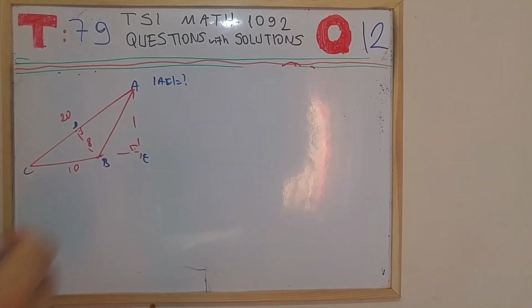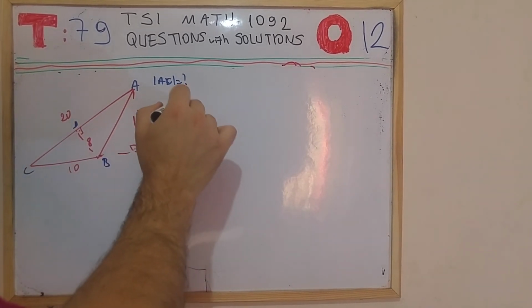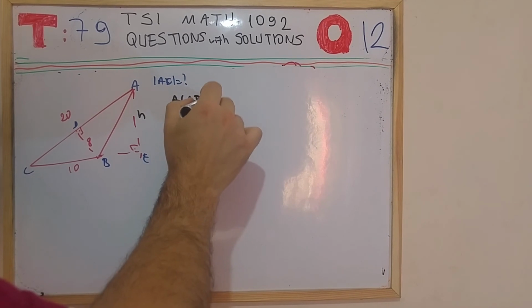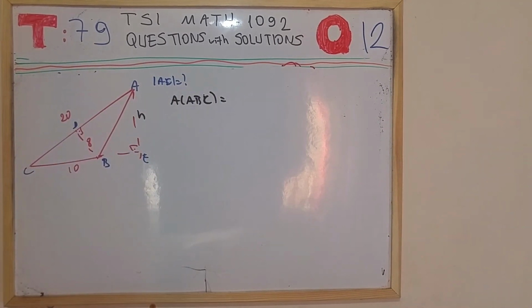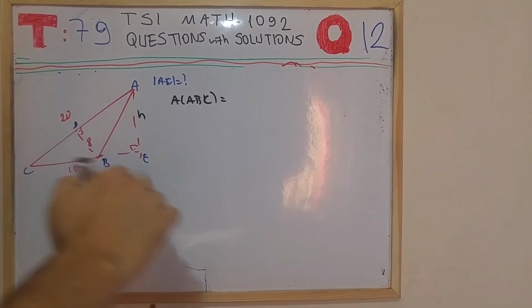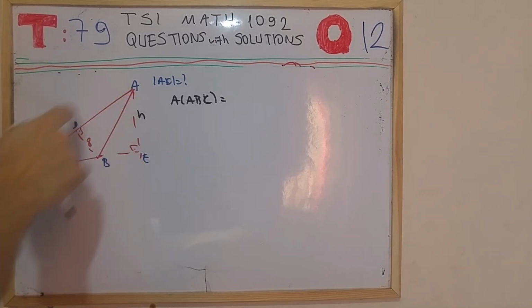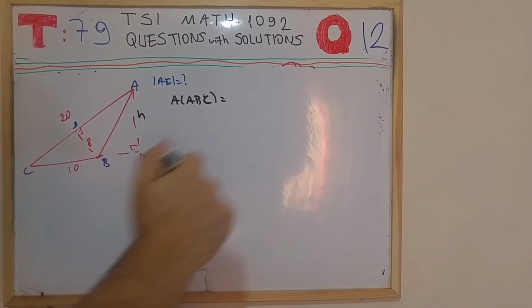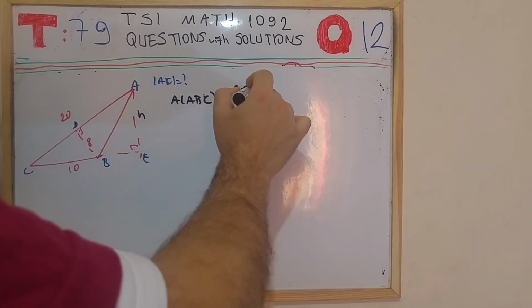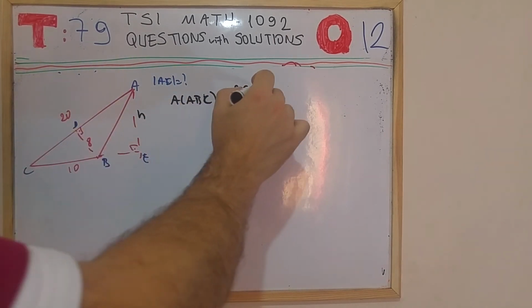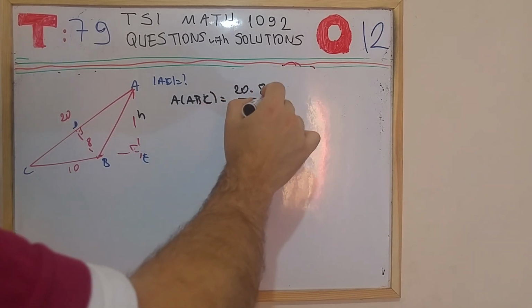They're asking me what AE is. Let me call it H. Now let's find the area of this triangle. The area is, as you remember, base times height over 2. If I take AC as base, what I have is 20 is the base, times height is 8, and I just divide it by 2.